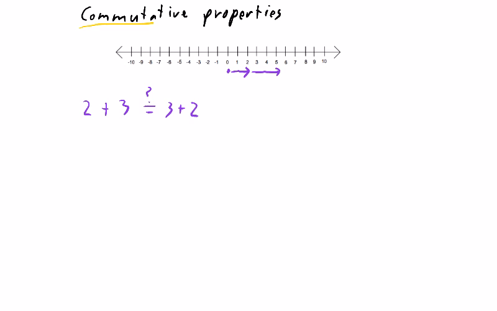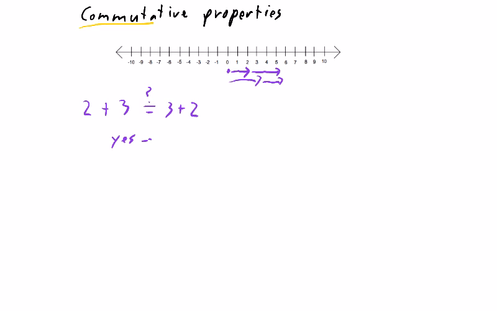And I think it's pretty clear that if we went 3 units to the right and then followed that up by going 2 more units to the right, we would end up in exactly the same place. So we can conclude, we could do this for any number of examples and see that it's true. So the answer is yes.